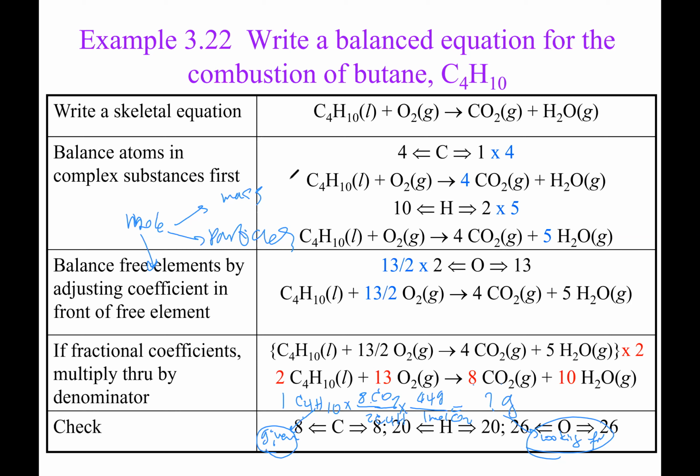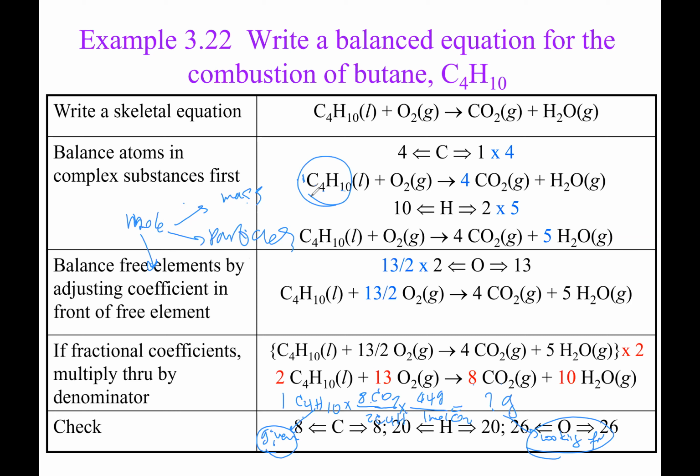So at least for now, if you have the mole, you can convert to mass using molar mass. You can go to particles using Avogadro's number. And mole for a molecule is not mole for atom. If you have 1 mole of this molecule, that would be 4 moles of carbon atoms and 10 moles of hydrogen atoms, being able to count them.